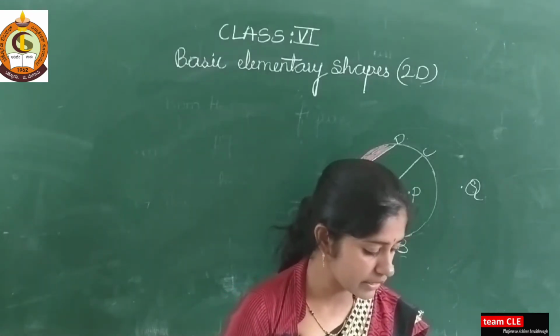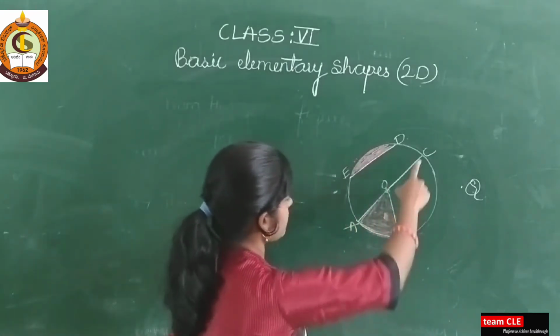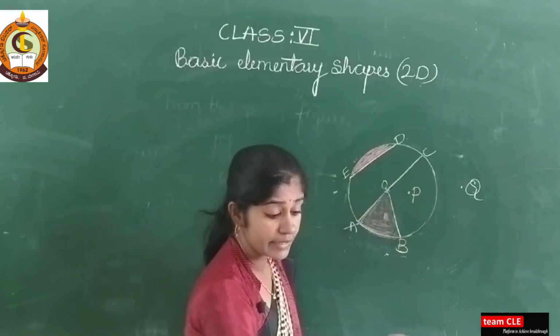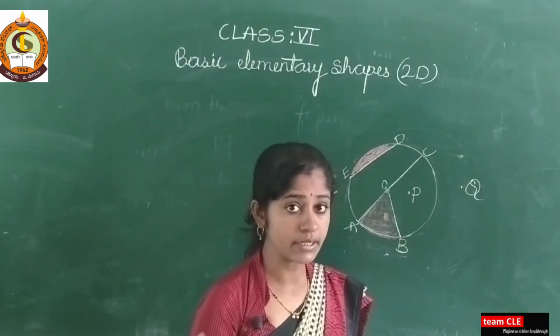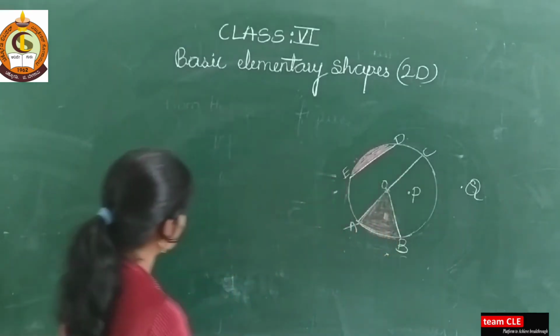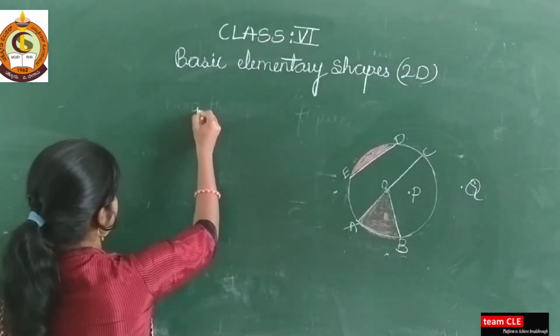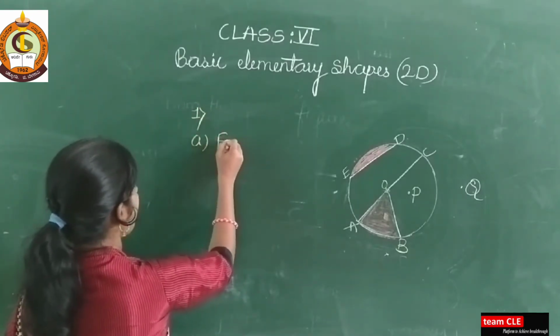The diameter is half the size of the radius. No, the diameter is 2 times bigger than its radius. So the first statement, question A, is false.